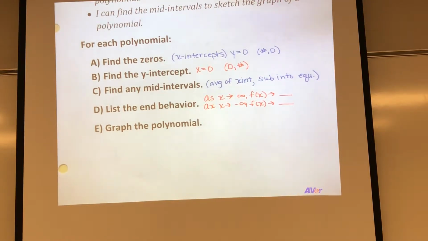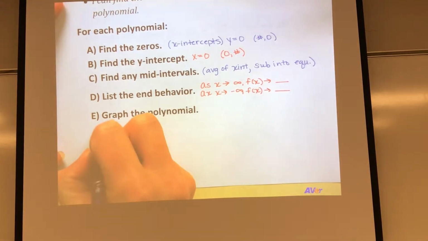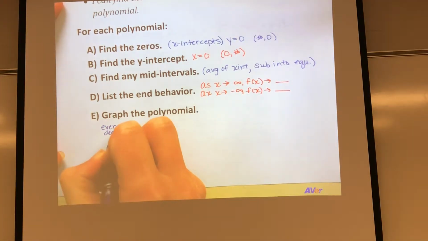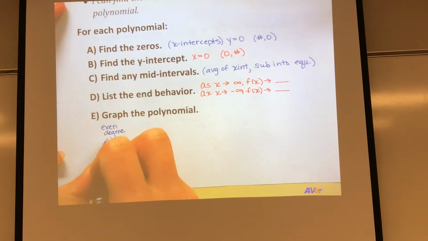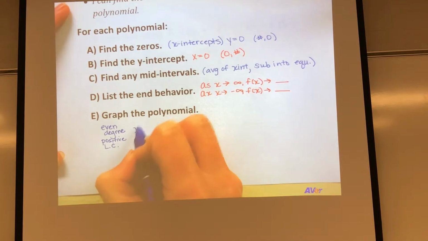To graph the polynomial, it's important that you realize there's only 4 shapes that a polynomial can be. If it has an even degree and a positive leading coefficient, it would look something like an x squared.